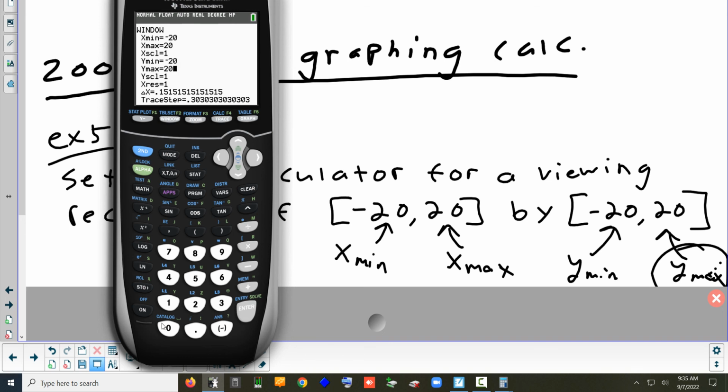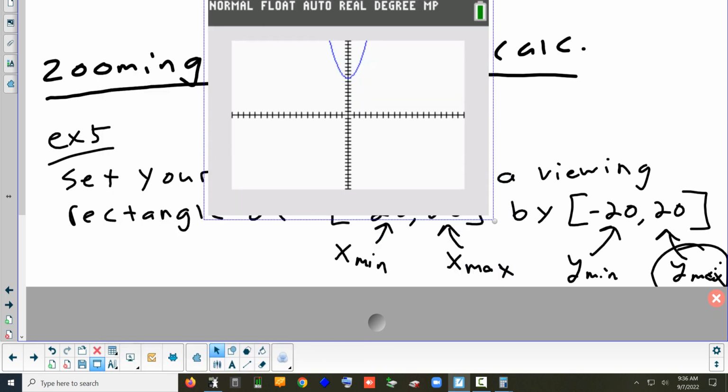Now, once you put in those values, we're going to hit graph again. But first, did anybody not get those values put in? Okay, so hit graph. And if you've done everything right, you should see a graph that looks just like that. How many people saw a graph like that? Anyone have trouble?